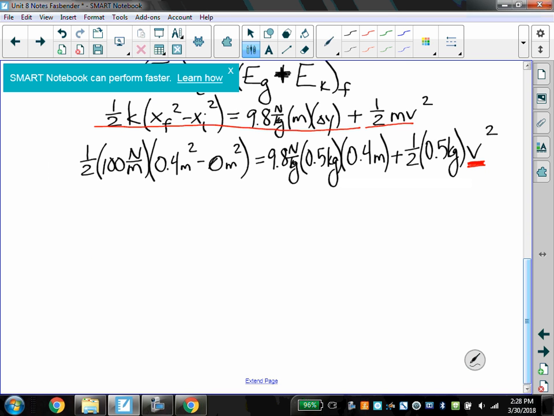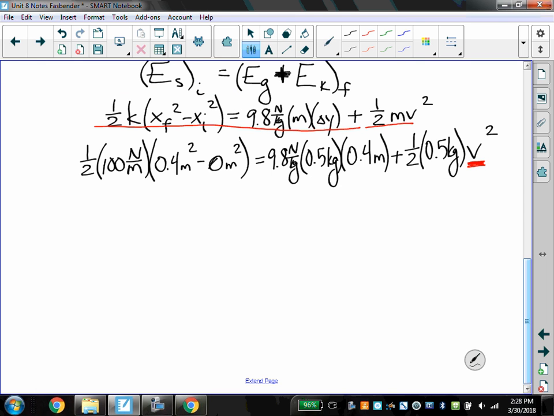So if we punch all of this into our calculator, we see that 1/2 times 100 times 0.4 squared minus 0 squared, well, all of that together ends up being 8 joules. 9.8 times 0.5 times 0.4 is 1.96 joules. And then 1/2 times 0.5 is 0.25.